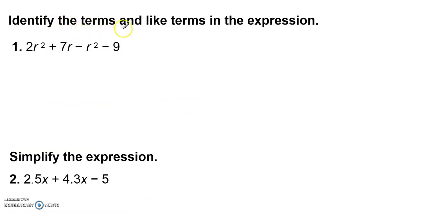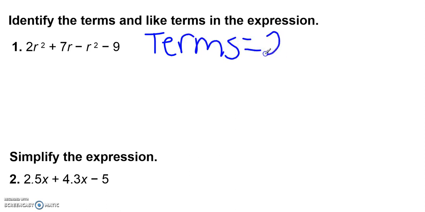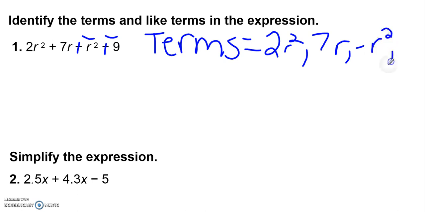Okay, so now this one wants us to identify the terms like we did before, and the like terms. So the terms that equals, we have 2r squared, comma, 7r, comma, negative r squared, and last but not least, the negative 9.